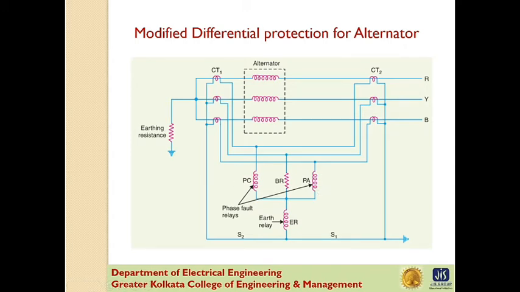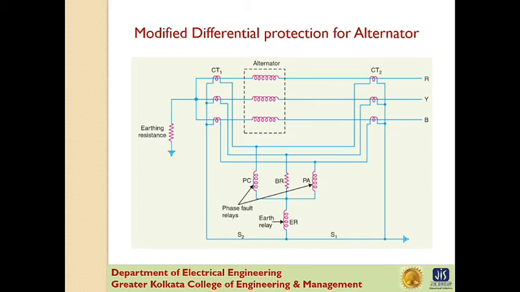Now, if an earth fault occurs on any one phase, the out of balance secondary currents in that phase will flow through the earth relay ER via the pilot wire S1 or S2 to the neutral of the current transformers. This will cause the operation of the earth relay only.